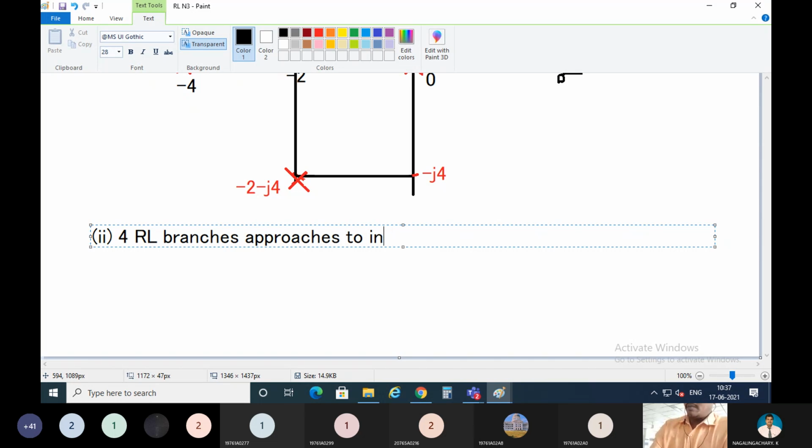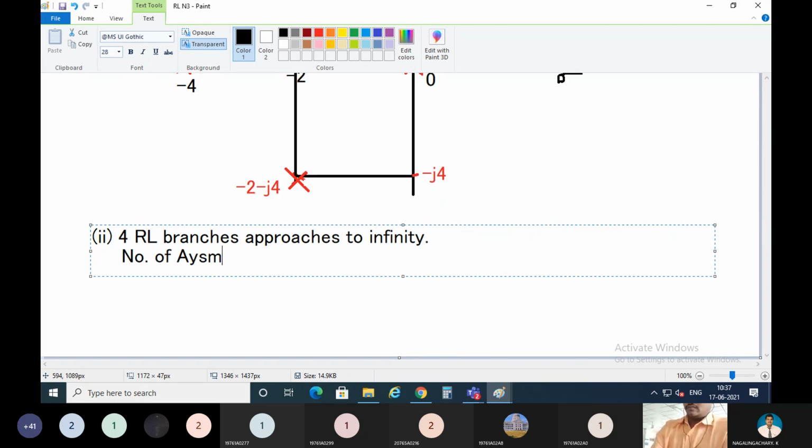So how many asymptotes? Four. Number of asymptotes equal to 4.